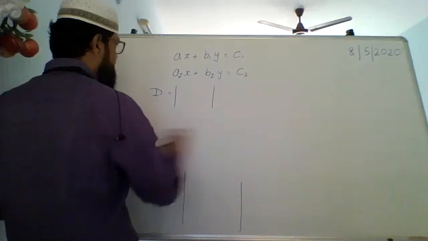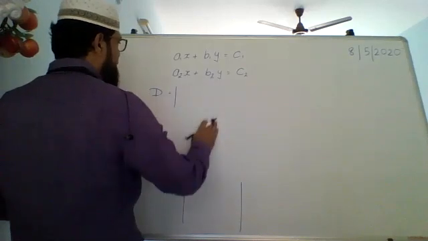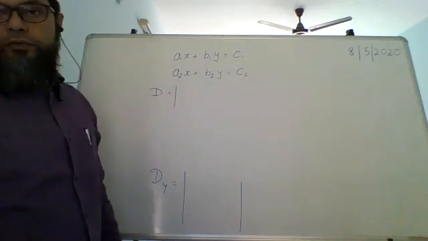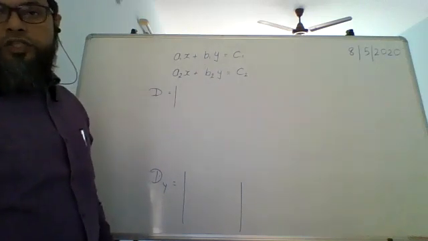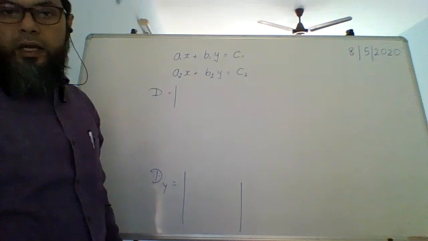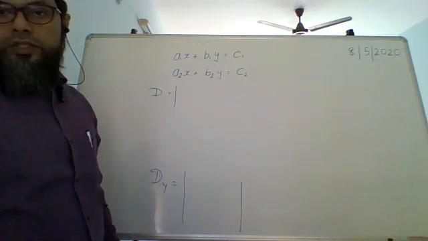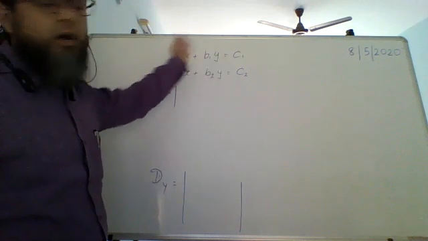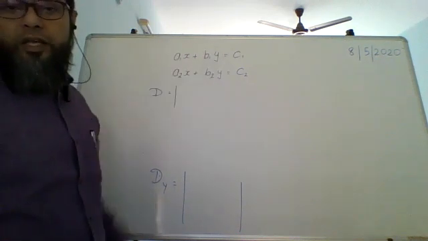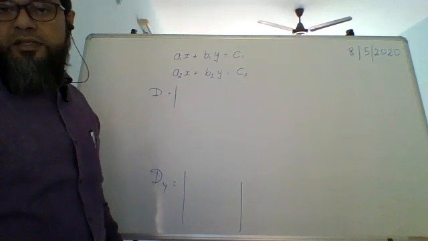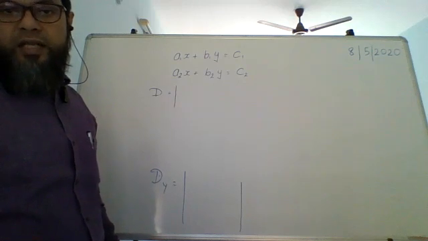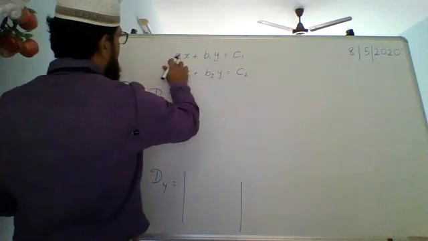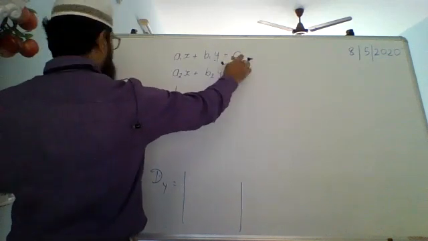First, let's begin with d. For d, we ignore the constants. When I say a1, b1, of course a1, b1 are the coefficients and c is the constant. x and y are the variables, whereas these are the coefficients and constants.